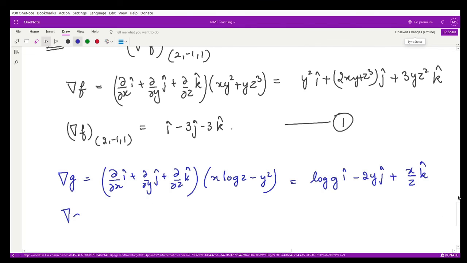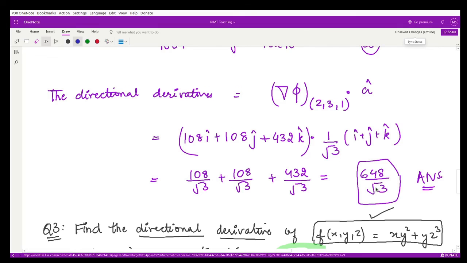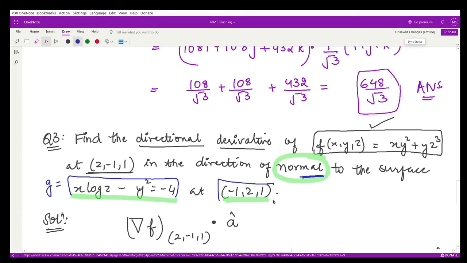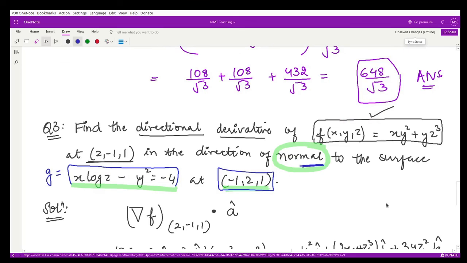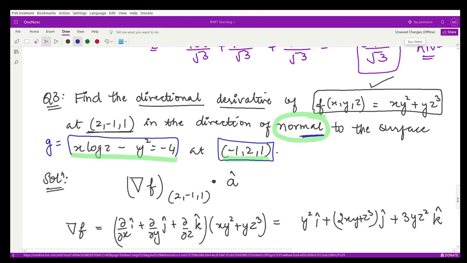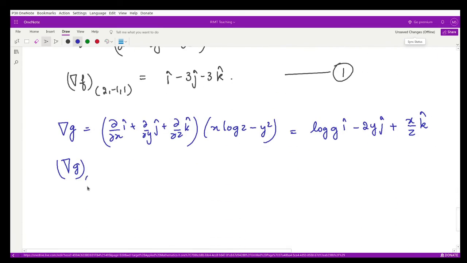The given point is minus 1, 2, 1. So when you substitute this point here, this is log of z, not g.